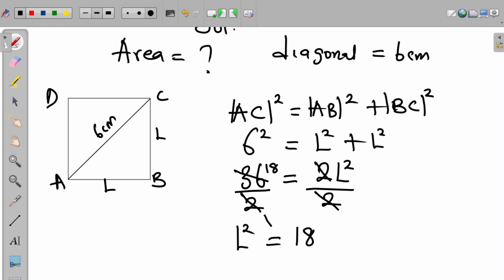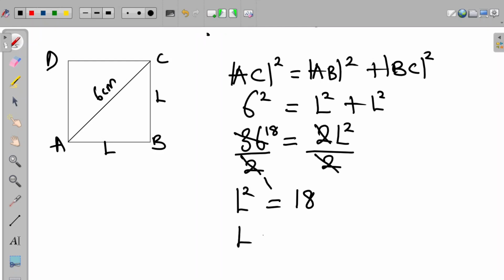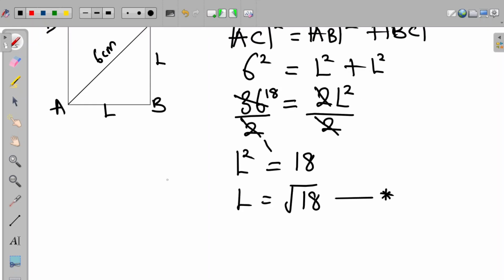Thus, L is giving us what? Root of 18. This is obtained because we took the root of both sides. So square will cancel out square root. So we have gotten our length, but the question says we should calculate the area of the square. So recall that area is equal to length squared.